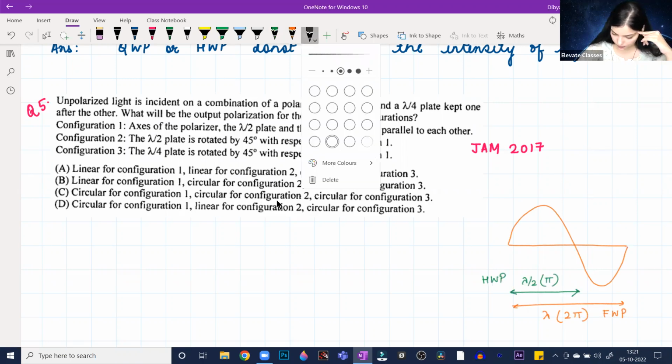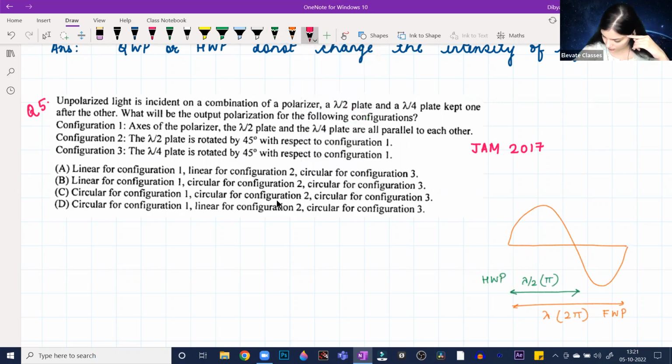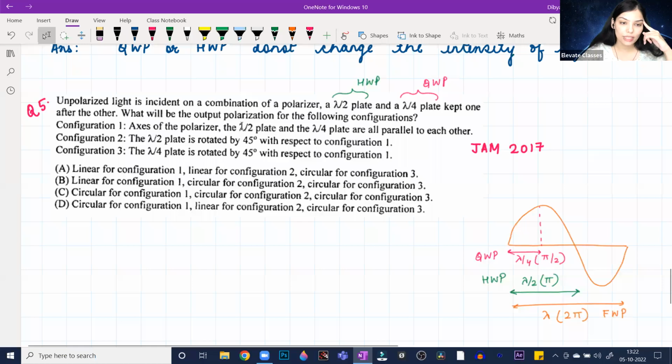And this corresponds to lambda by 4, which is for a phase change of pi by 2, which corresponds to a quarter wave plate. So here lambda by 2 means a half wave plate, and this is a quarter wave plate, kept one after another. What will be the output polarization for the following configurations?